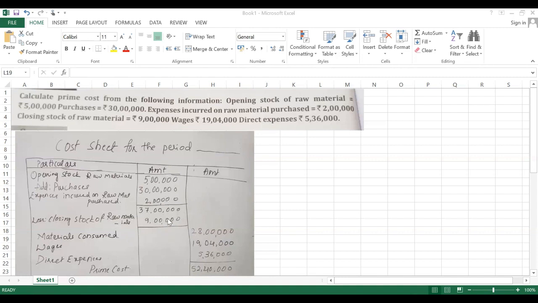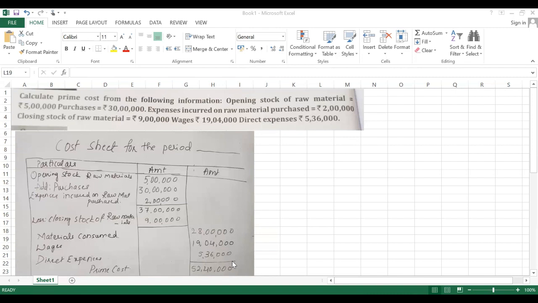So we have calculated, and now we come to know this 28 lakhs is your material consumed or direct materials. Next is wages, direct wages they have mentioned, which is 19 lakh 4,000. Direct expenses, which is 5 lakh 36,000.